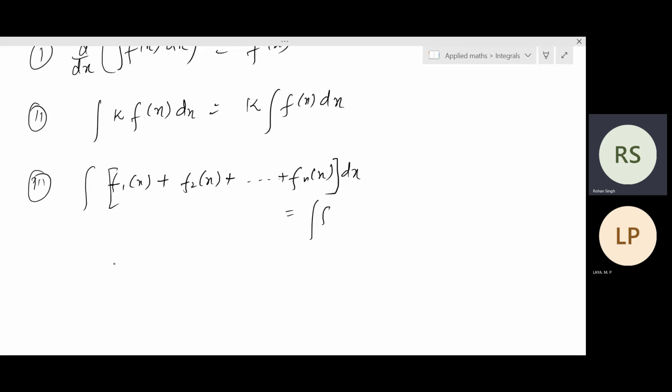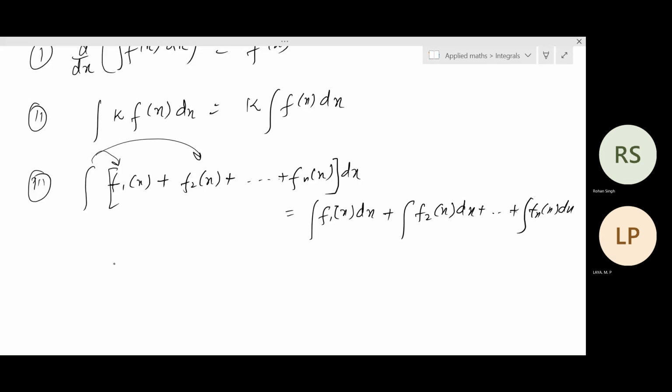So you can write integral of f1(x) dx plus integral of f2(x) dx, and so on, up to integral of fn(x) dx. You can just split this over the entire functions, similar to what you were doing in differentiation also.